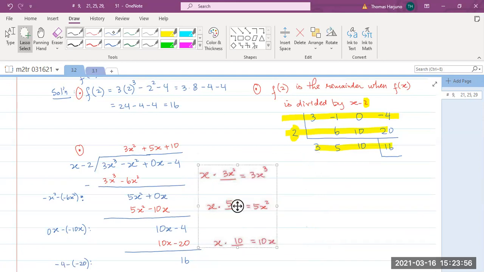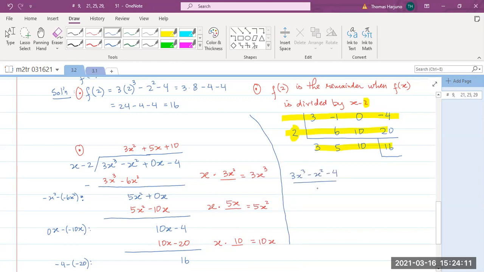So using synthetic division, we get that 3x cubed minus x squared minus 4, when you divide that by x minus 2, the quotient is 3x squared plus 5x plus 10. This 3, 5, 10 comes from here.